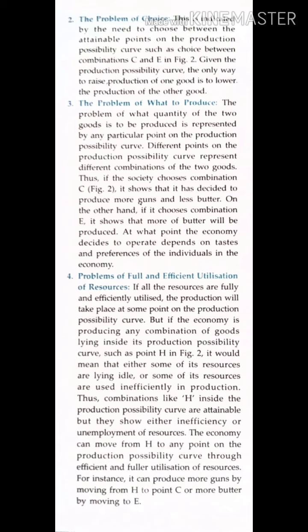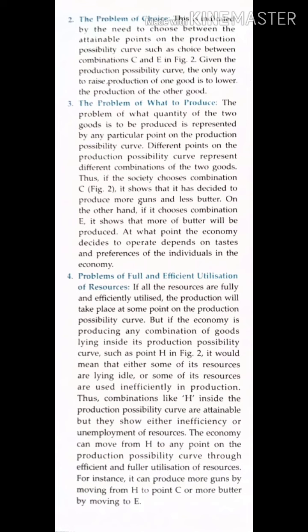Okay. Next is the problem of fuller and efficient utilization of resources. If all the resources are efficiently utilized, the production will take place at a point on the production possibility curve, whatever you have shown on the curve.